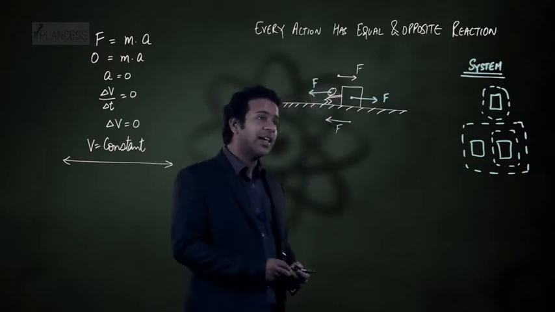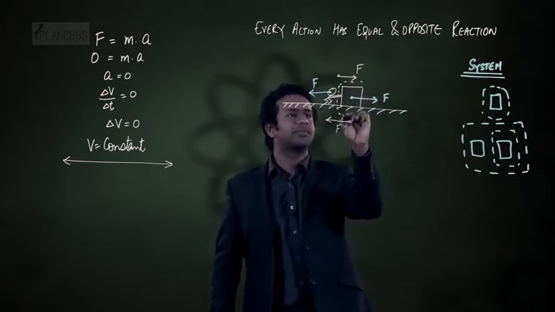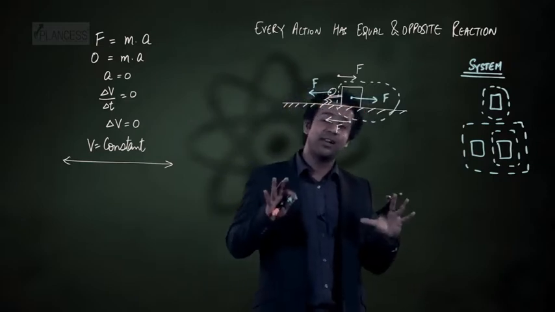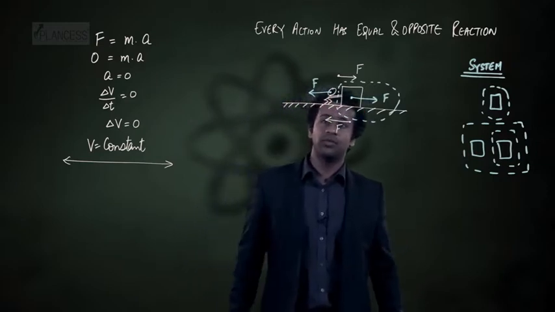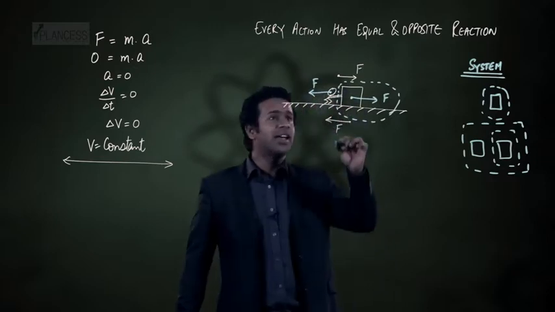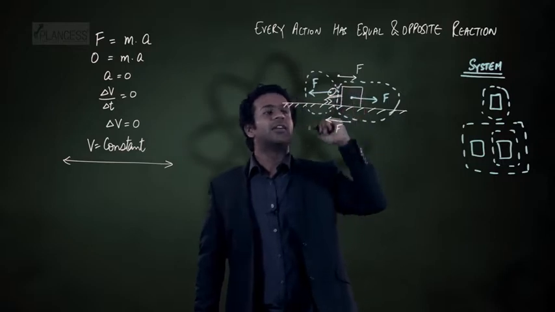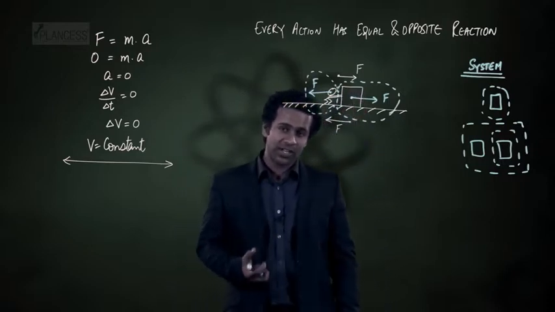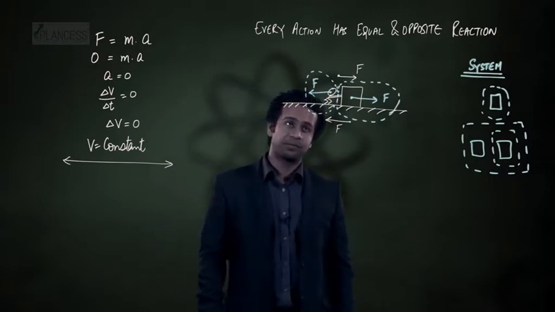So we see that if you consider the block to be a system, then this block has a single force F acting on it, and hence that block can move. Same is the case with this man. If you only consider this man to be a system, then this man also has a single force F acting on it, and hence he will also move.